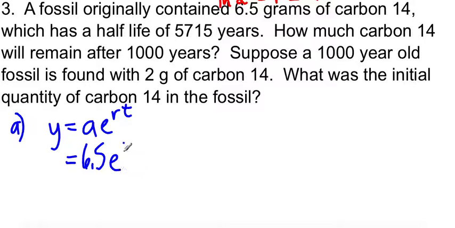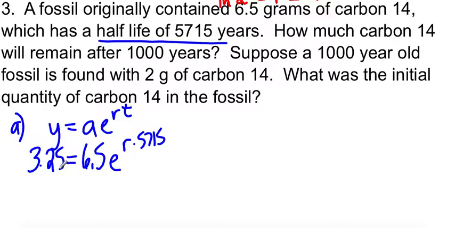We know that we have a half-life of 5,715 years. So if our time is 5,715, in that amount of time the 6.5 grams of carbon will be cut in half, so we will have 3.25. We'll solve this to find out what R is, and then we can go back and solve the rest of our problem.